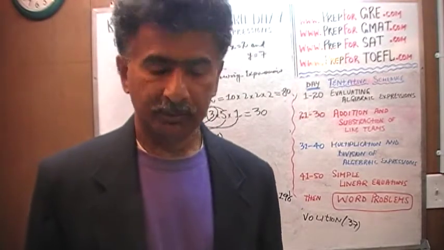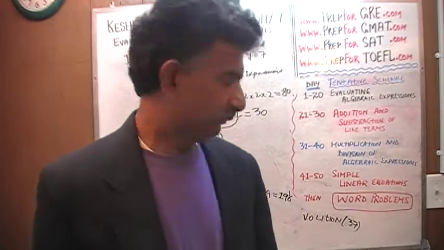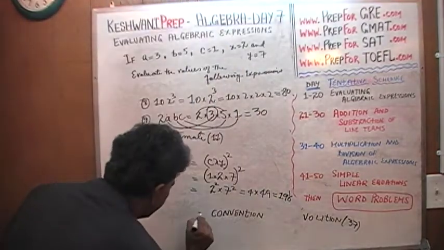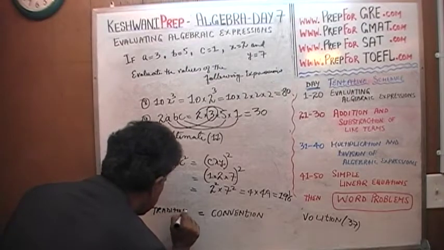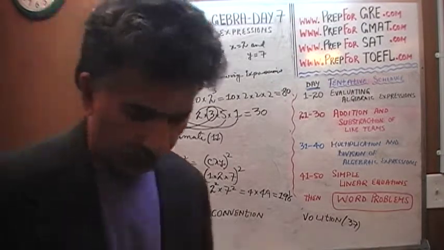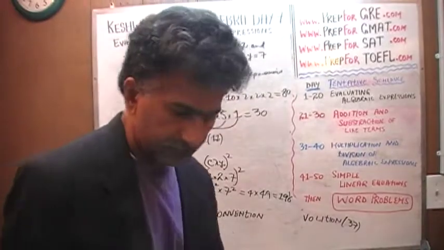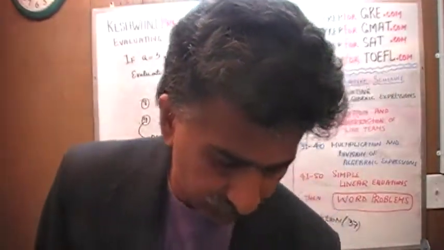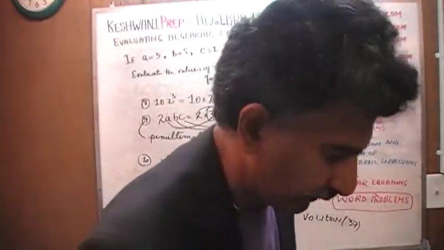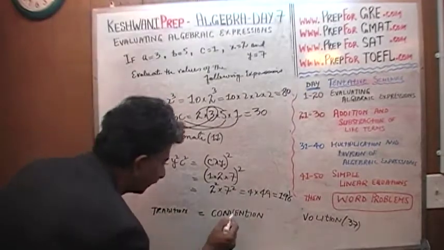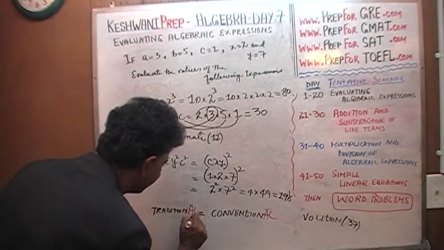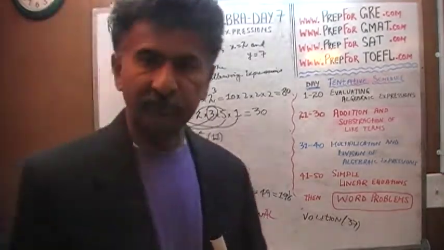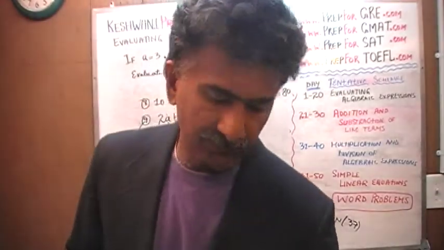The second meaning of the word convention is tradition. Convention is a noun, tradition is a noun, and if you want to make the adjective out of it, then convention becomes conventional, and tradition will become traditional.